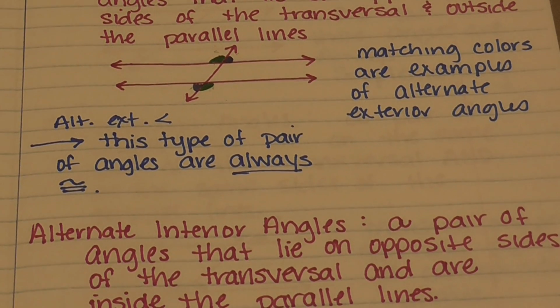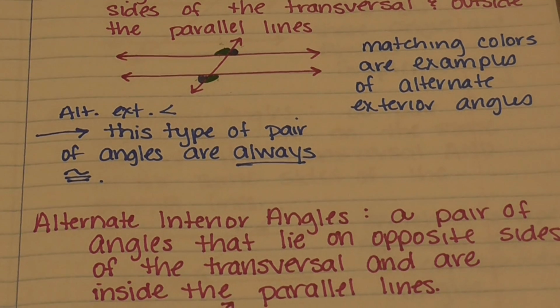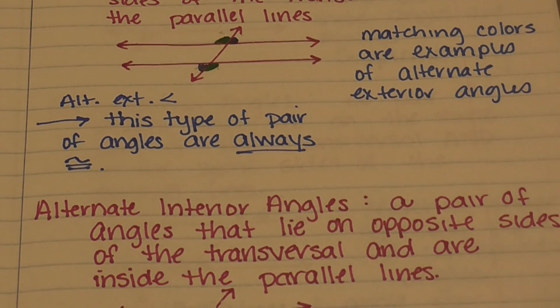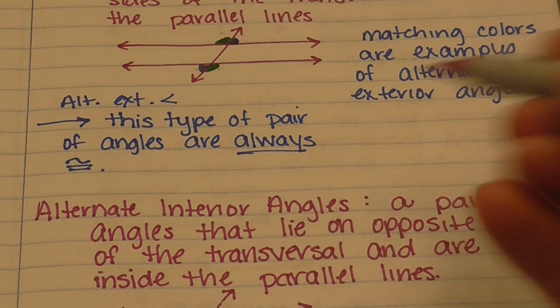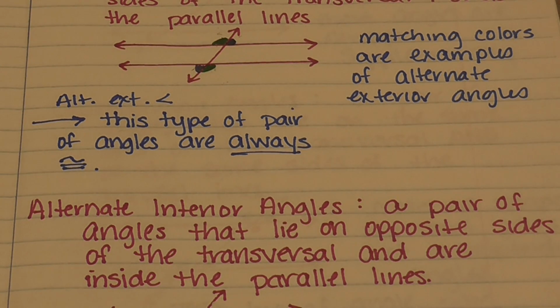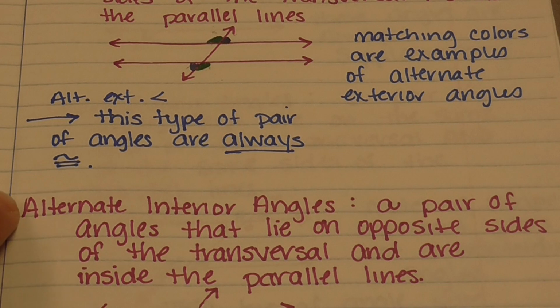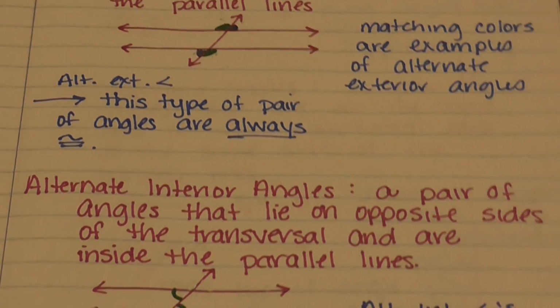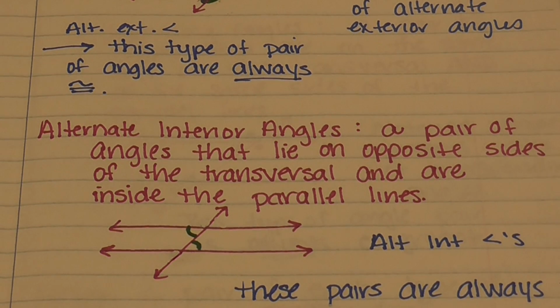All right, besides alternate exterior angles, I also have alternate interior angles. So alternate interior angles, again, is a pair of angles that lie on opposite sides of the transversal. There's that alternate right there. But interior is different in that it's on the inside of the parallel lines.